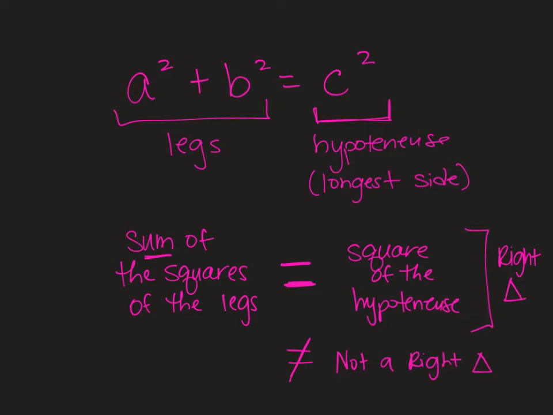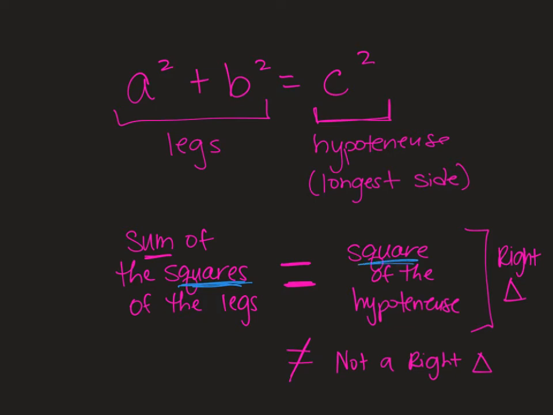And then what we're going to decide is, do they make right triangles or not? How we figure that out is, once we plug the numbers in, we have to see, does the sum of the squares of the legs, so that's important that you look at that, you understand it's not just the sum of the legs, it's the squares of the legs, we're using that Pythagorean theorem, is that equal to the square of the hypotenuse?